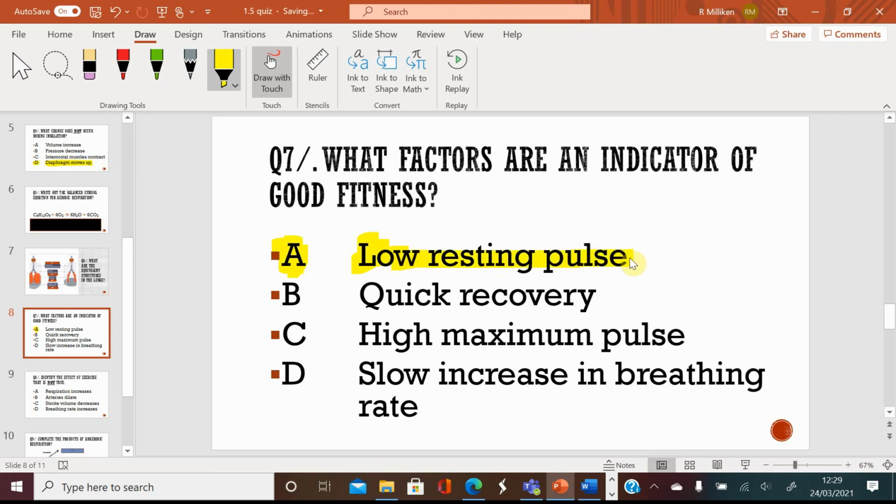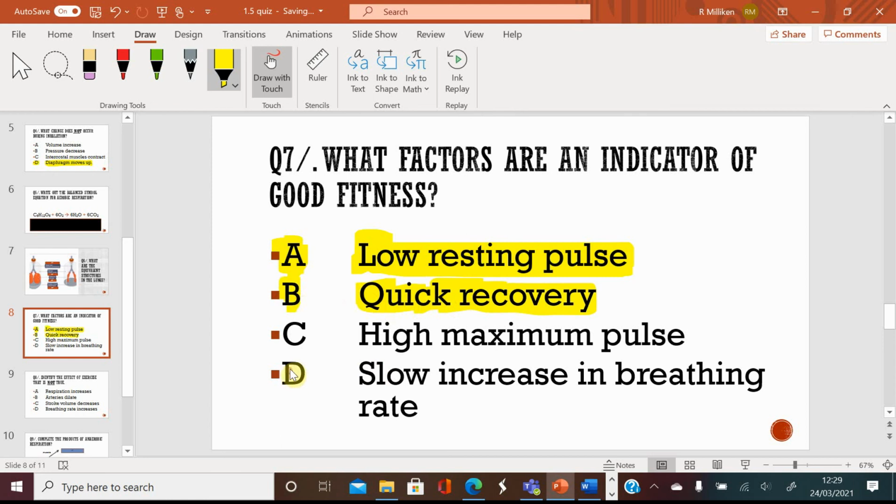So a low resting pulse is a good thing from a fitness point of view. It means that your heart doesn't have to work as hard to pump a suitable amount of blood around. A quick recovery is another. You tend not to be out of breath for as long, and so you get back to normal quicker. That's another trend you're looking for as an indicator of fitness.